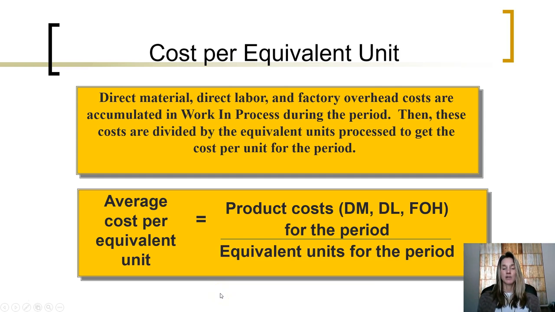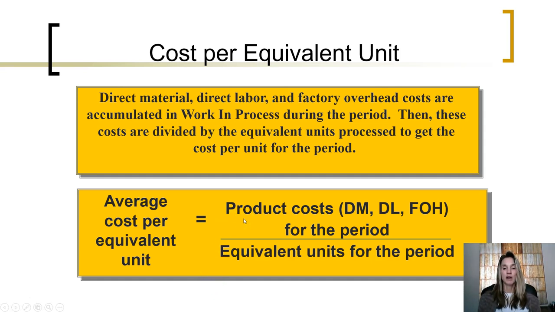The direct material, direct labor, and factory overhead costs that have been accumulated and recorded in the work in process, also known as the goods in process inventory account, throughout the period. These costs are totaled and then divided by the number of equivalent units processed to get the cost per equivalent unit for the period.